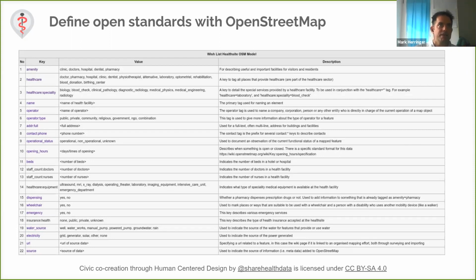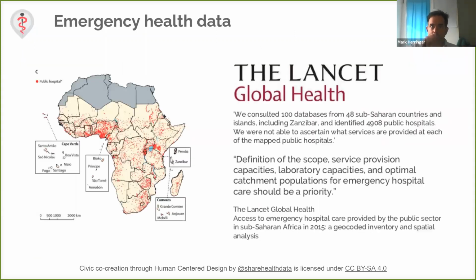We can indicate the name of the facility, operator types, the contact information, the staff count, whether or not it's wheelchair friendly, if there's an emergency facility, and what the nature of the electricity supply is.